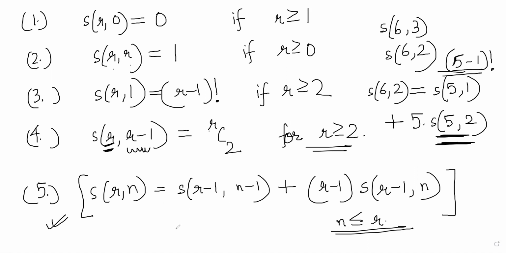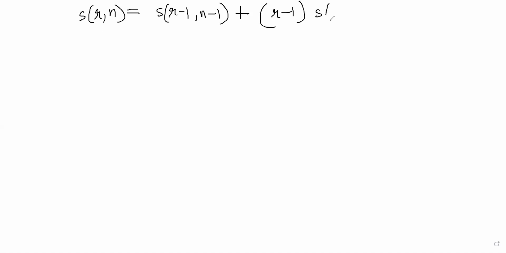So how to prove this formula? So let's write the formula here. S(R,n) is equal to S(R minus 1, n minus 1) plus (R minus 1) multiplied by S(R minus 1, n), right? So let's think about how to prove this one.